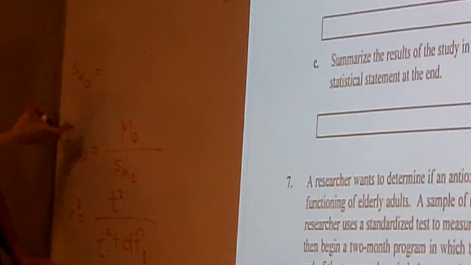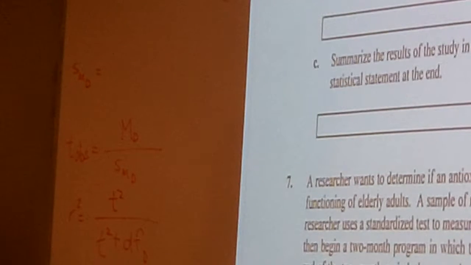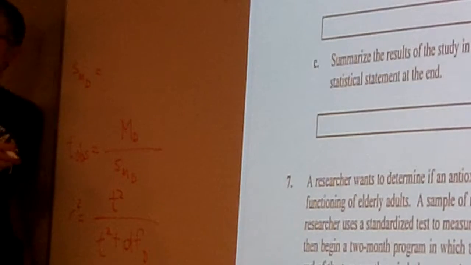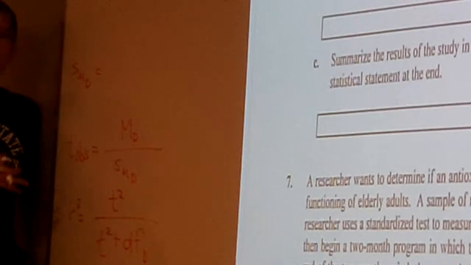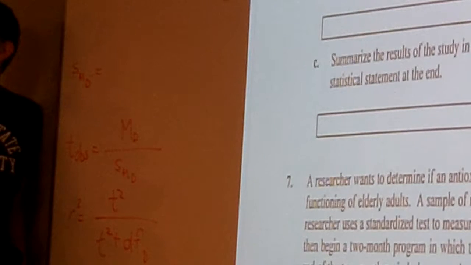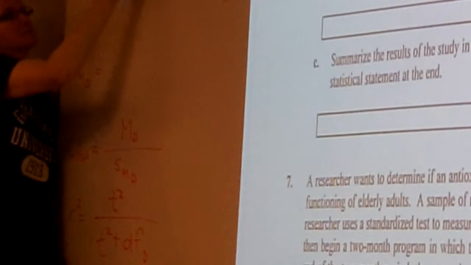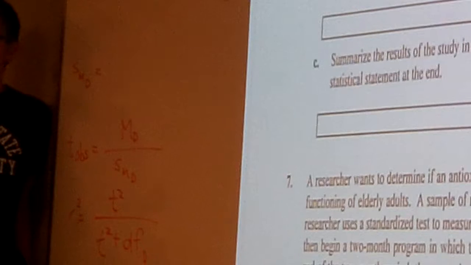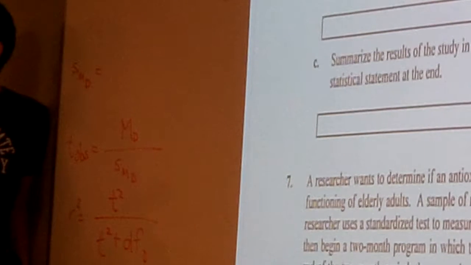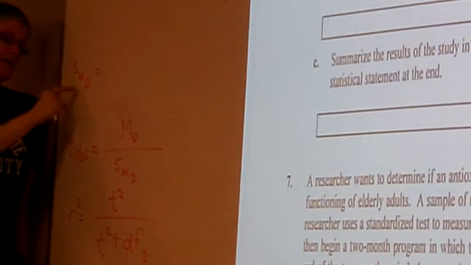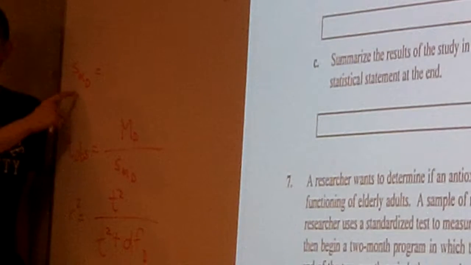I'm missing something in here. The square root of variance. I need something. I mean, these are the equivalents. Would you square the standard deviation? Yeah, if I take that standard deviation and square it, that'll work. Because remember, variance is standard deviation squared.